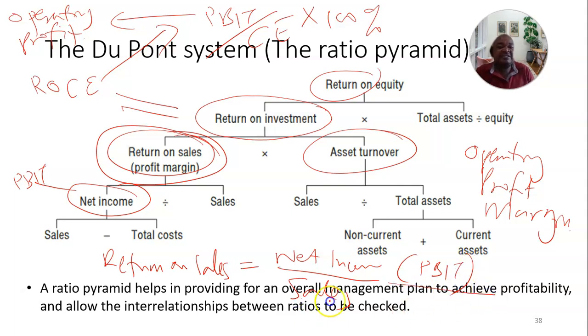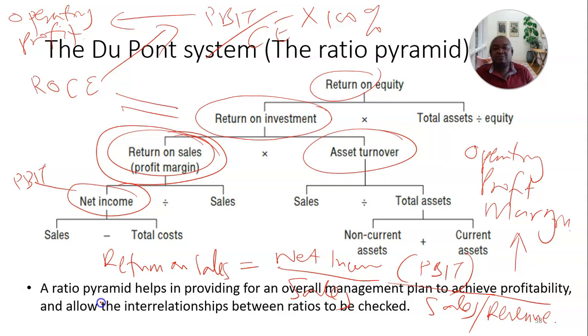And this should then be divided by the sales. Sometimes you will find the word revenue representing sales. Okay? So it's PBIT divided by revenue. That gives us what is called the operating profit margin.